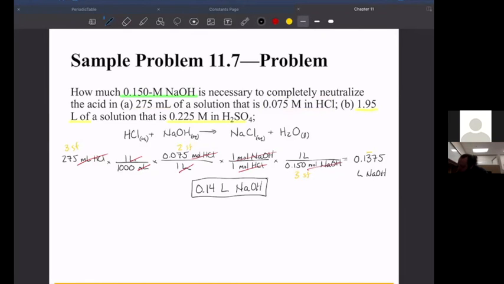So again, before we can do any stoichiometry, we need to get our balanced chemical equation. So now our acid is H2SO4 plus NaOH gives us salt, which in this case would be Na2SO4, and water. This is not balanced yet.